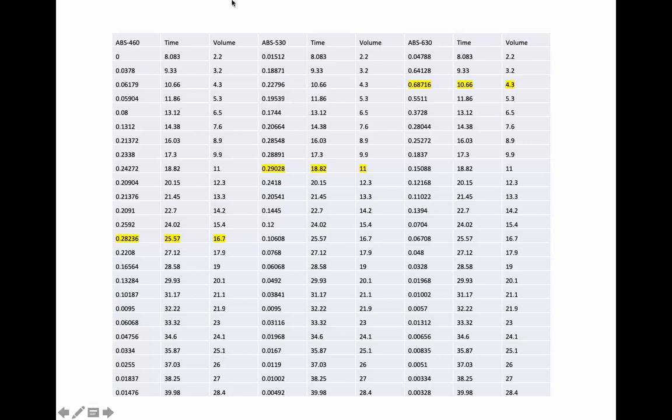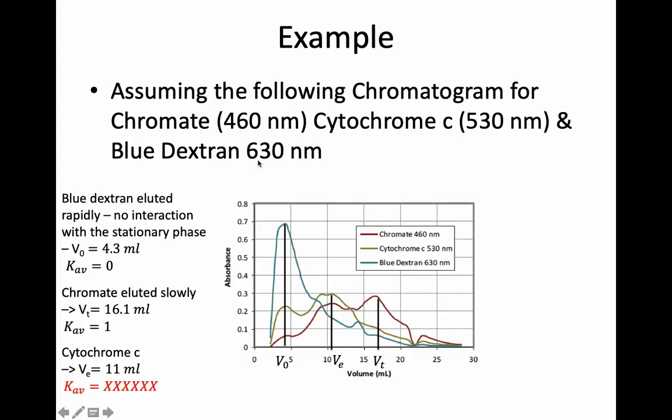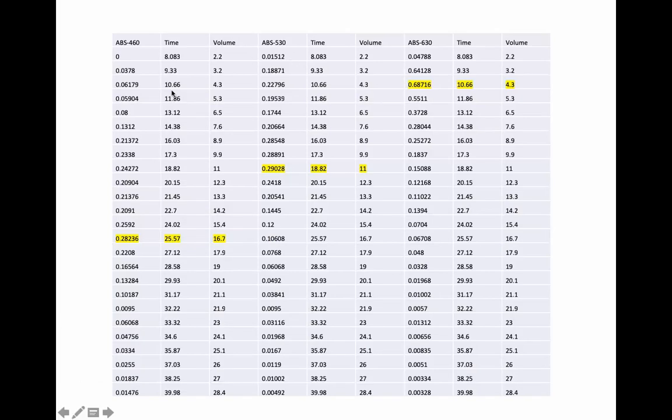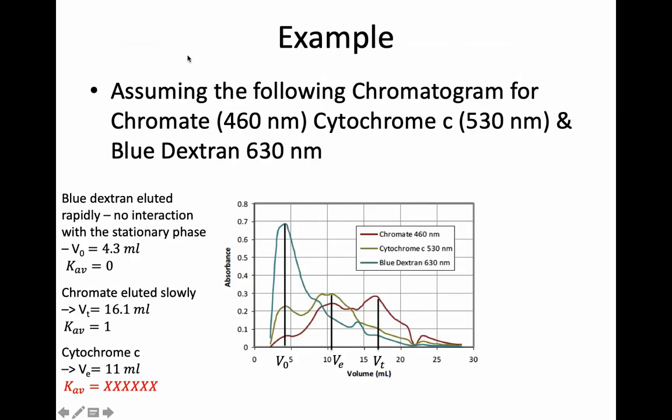And you can see that there are maxima of absorbance for each of these compounds. Blue dextran at 630 has a peak in absorbance at about 10 minutes with an elution volume of 4.3, then followed by cytochrome C, and then followed by your chromate at 460.